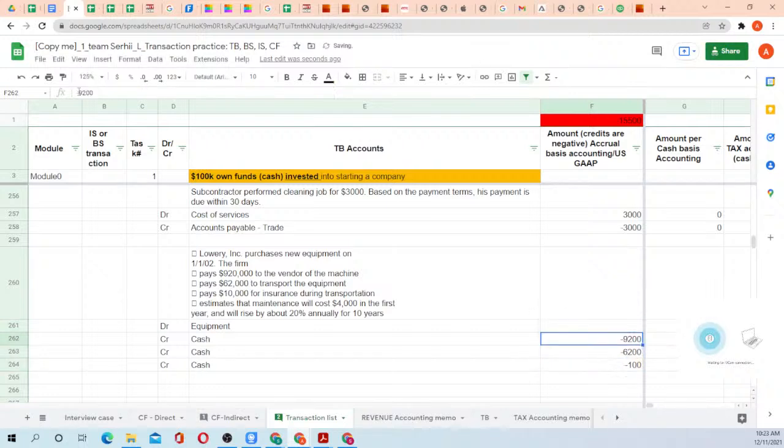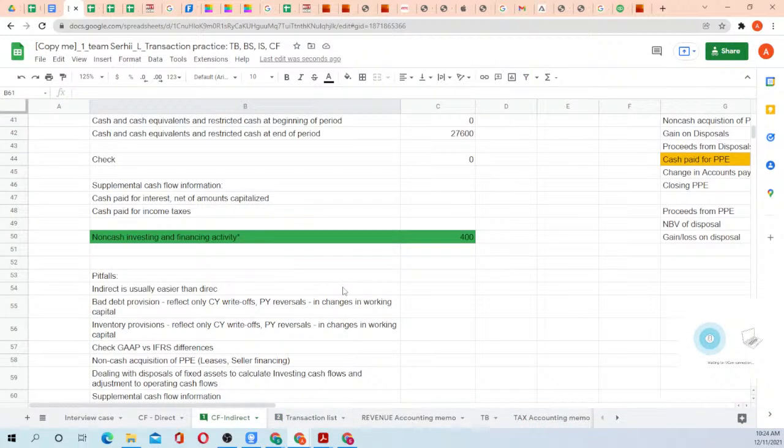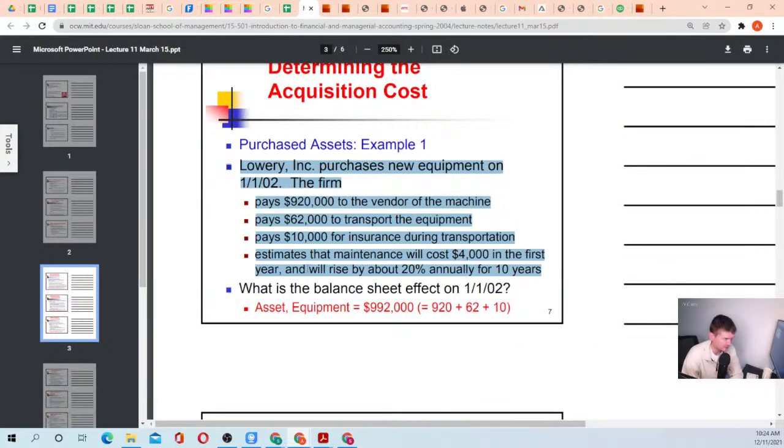So all of these are capitalizable expenses. An argument can be made about insurance. Let's see where it is. An argument can truly be made about insurance, but that insurance is probably required, and if it's not required, it might be reasonable, taking into account the value of the equipment, to insure it.